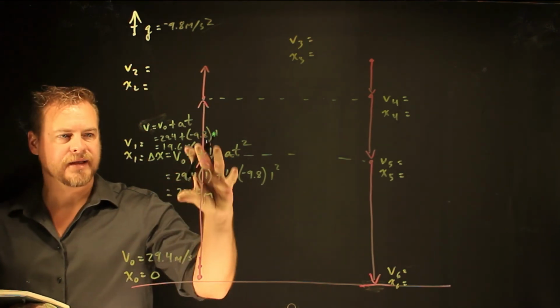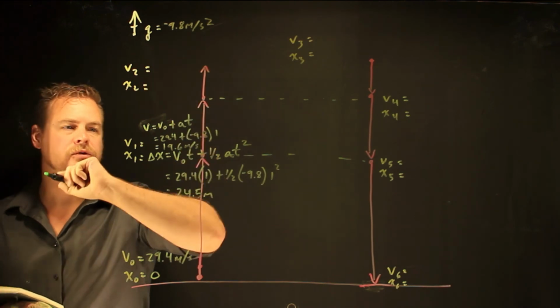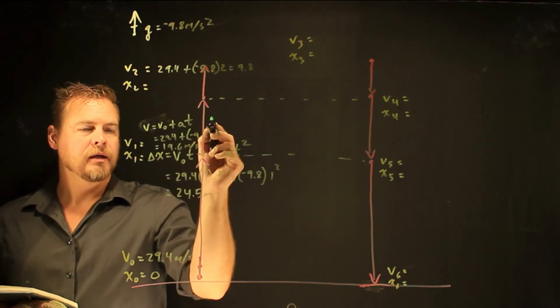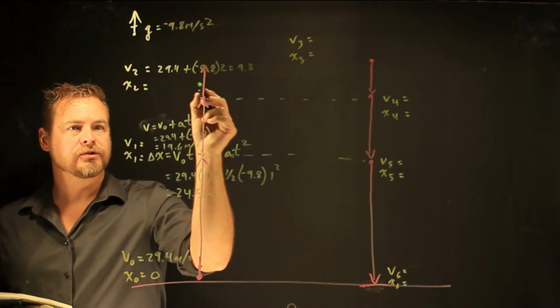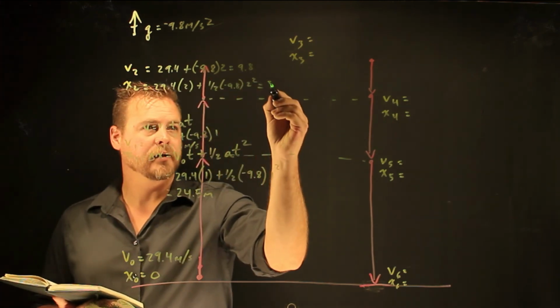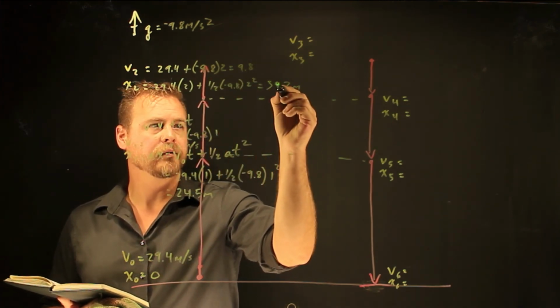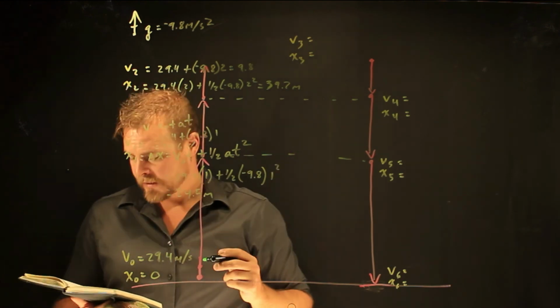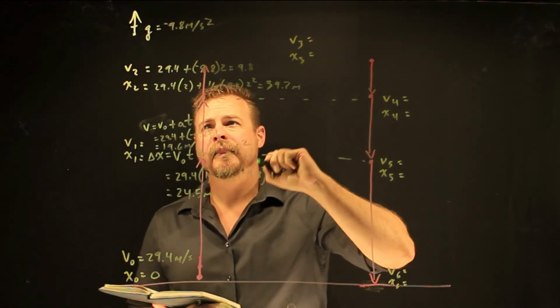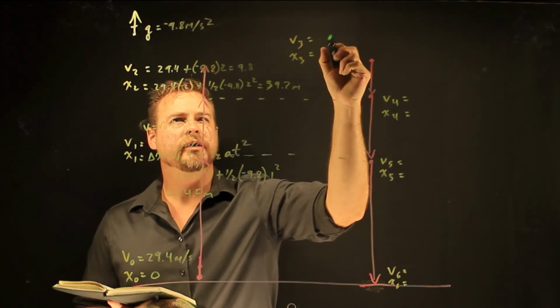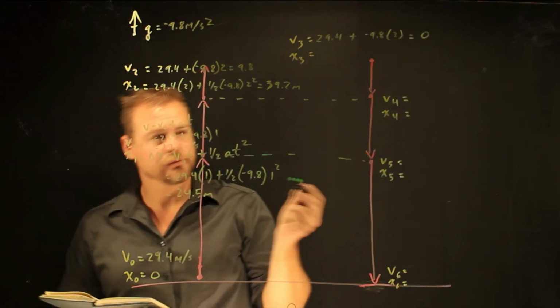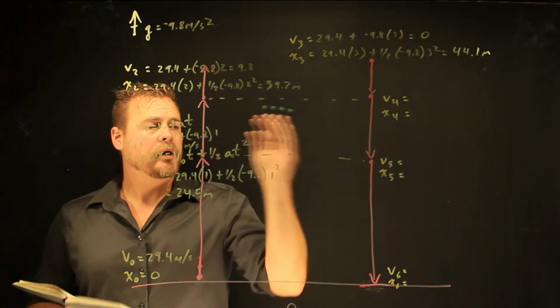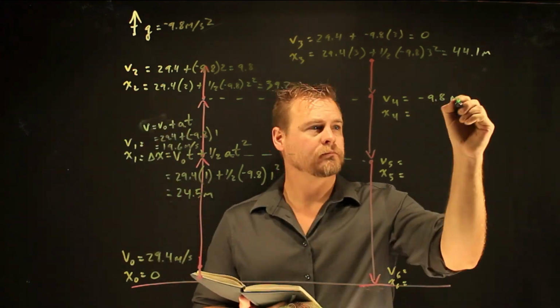So I'm going to carry that same math to v sub 2, and then I'm going to do the x2, 39.2 meters. All right, take it to the top. This is going to end up being 0, but we can do the math to show you. Change in position, and so on and so forth. I'll go ahead and quick fill these in.